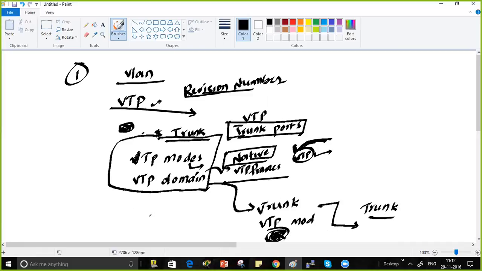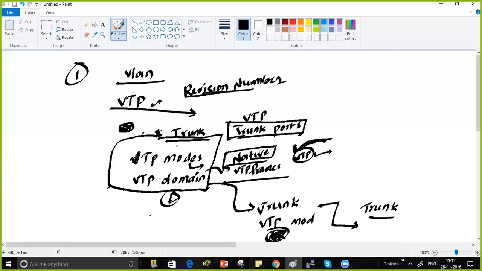Do you understand? If you configure, it will reflect to all other switches, right?